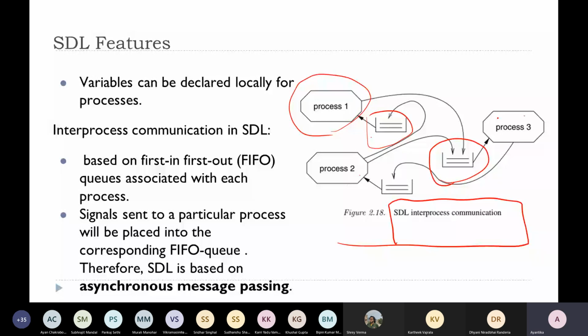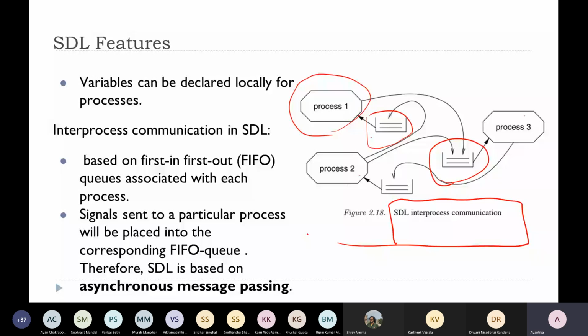I'm talking about normal programming and data structures, so you will understand the FIFO concept. Mostly process 1 will input its signal value in this FIFO queue, and process 3, as and when required, will fetch that signal and consider the transition based on that signal change value.